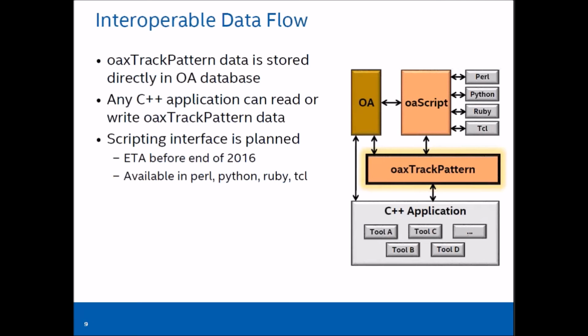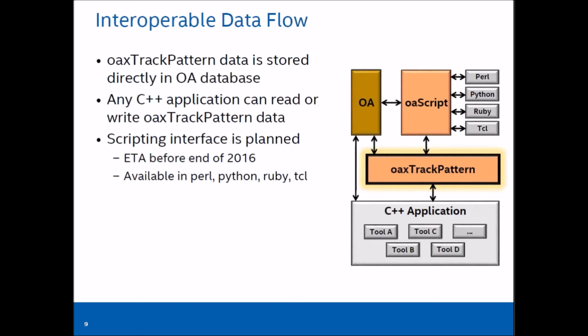As far as interoperability, as an OpenAccess extension, this is registered within the implementation as an app def. So you can see on the bottom, whatever application uses OpenAccess and has this extension available, it's able to communicate with that extension using high-level methods, and of course with the OpenAccess database.